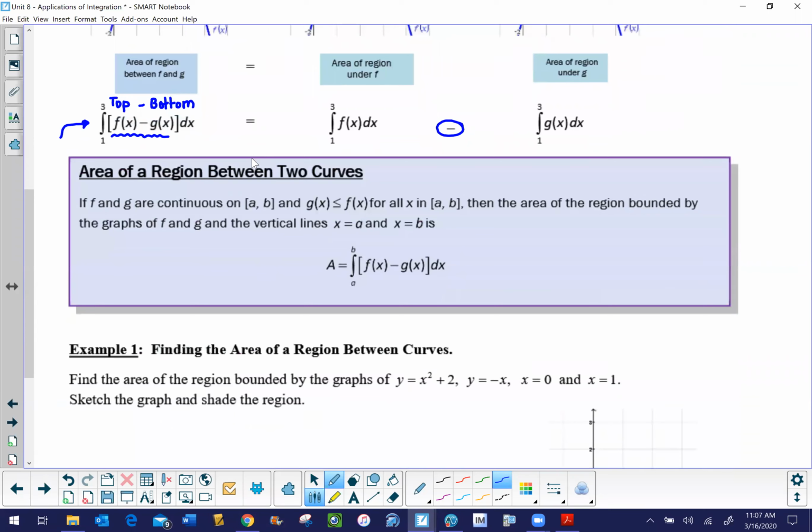If you're going to find the area between f and g, notice how it says that g is less than, or at the very least equal to f of x, then we would always start with f of x first, right? It's always top minus bottom. Man, are you going to hear Mr. Meunier and I say that over and over again over the next several topics, okay?